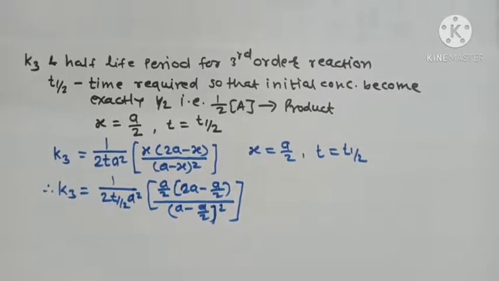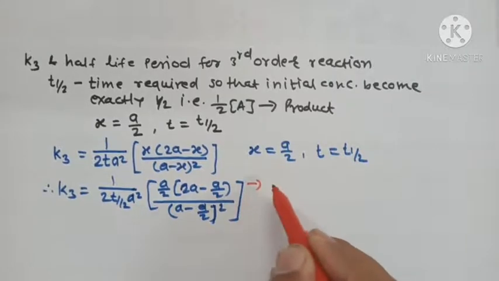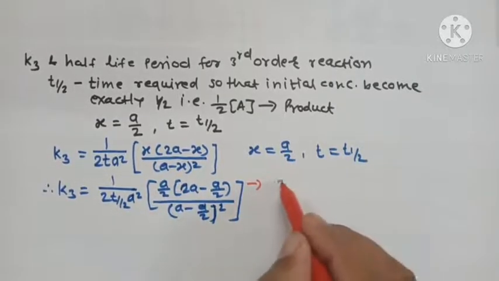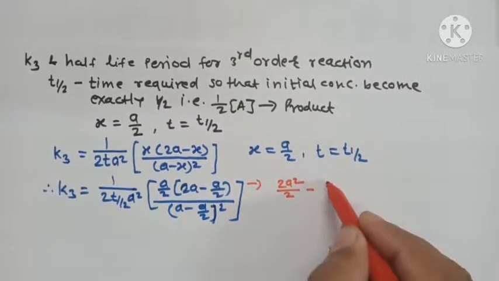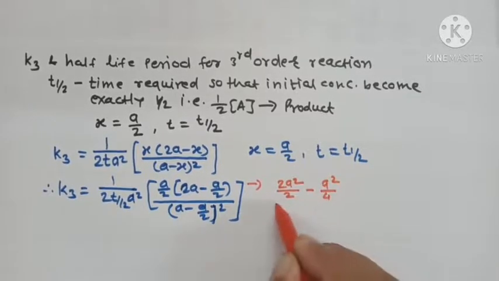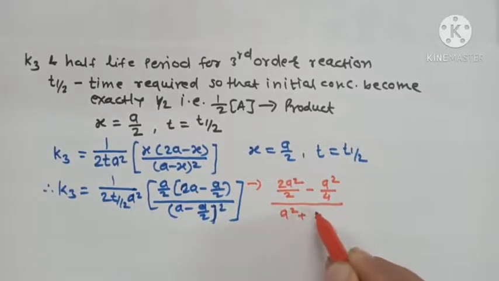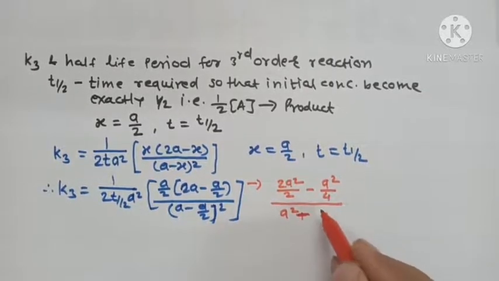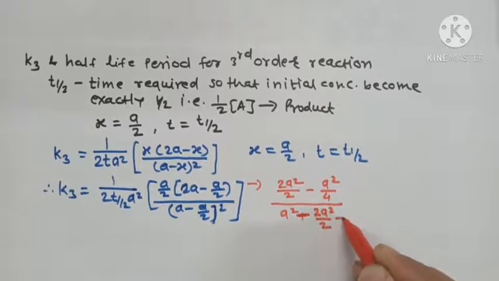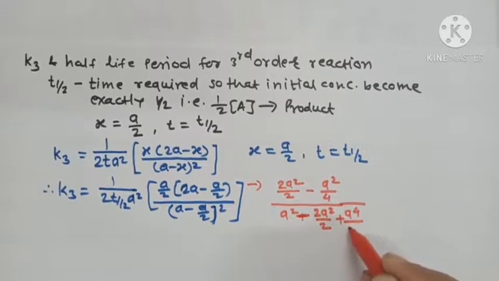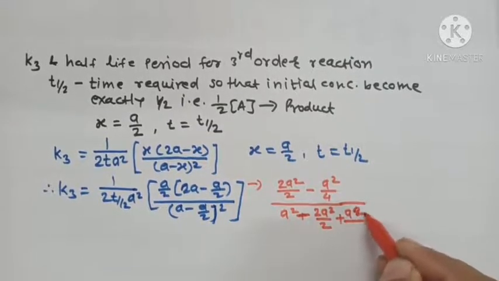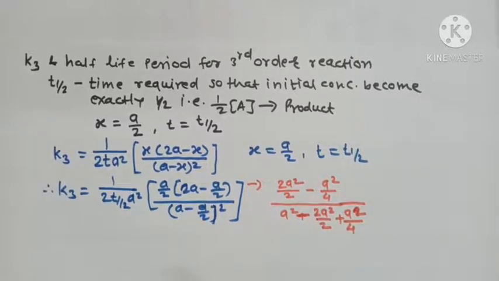First we will solve the bracket. So a into a, twice a square divided by 2, minus a square divided by 4, upon a square, minus a upon 2 whole square, that is a raised to 2 divided by 4.